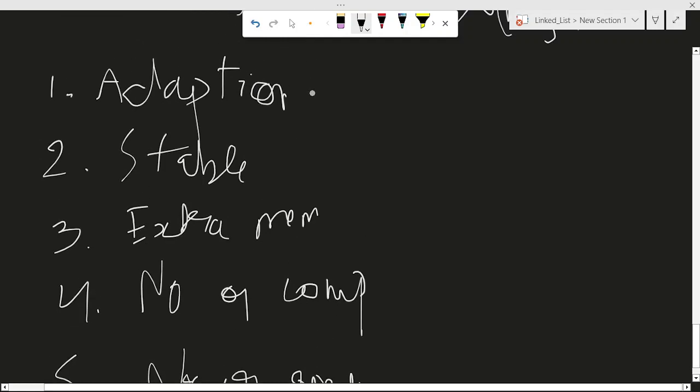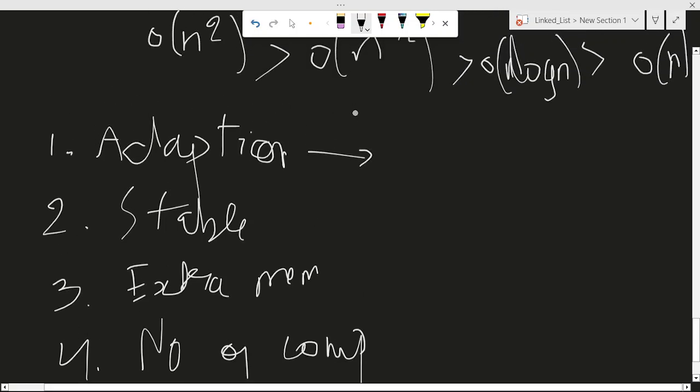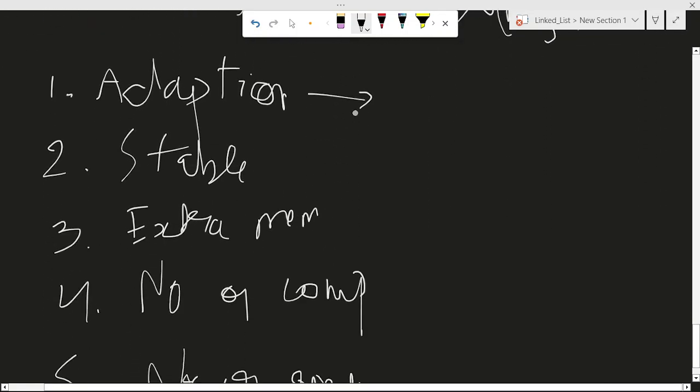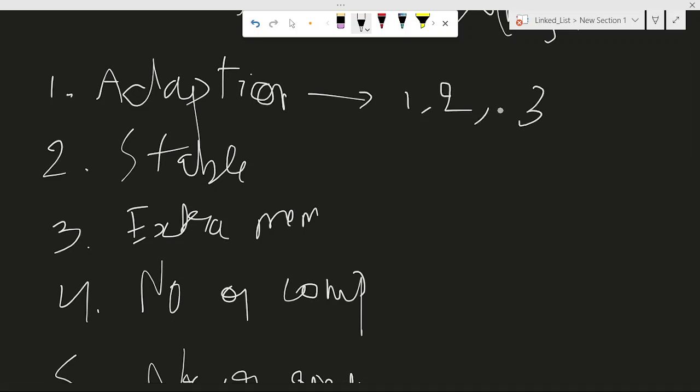So what does adaptation mean? It means the technique should be adaptive. Imagine you are using some sorting technique and you gave the input as 1 to 3, so you have already sorted the elements.